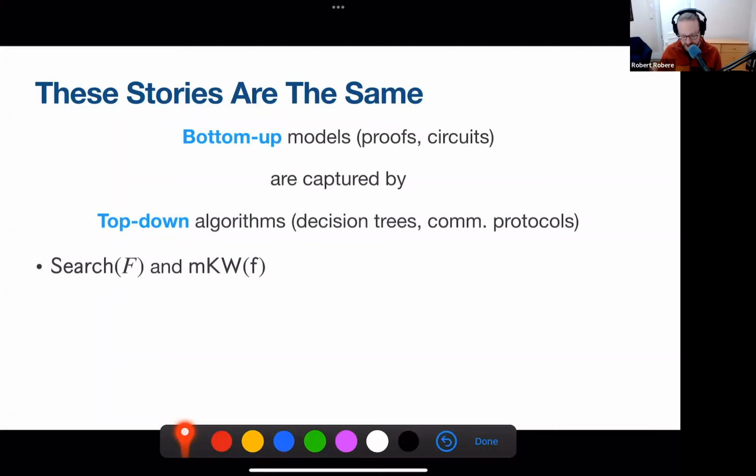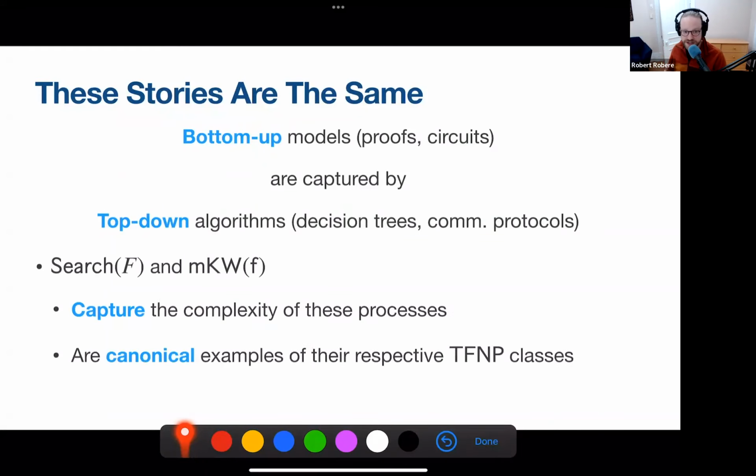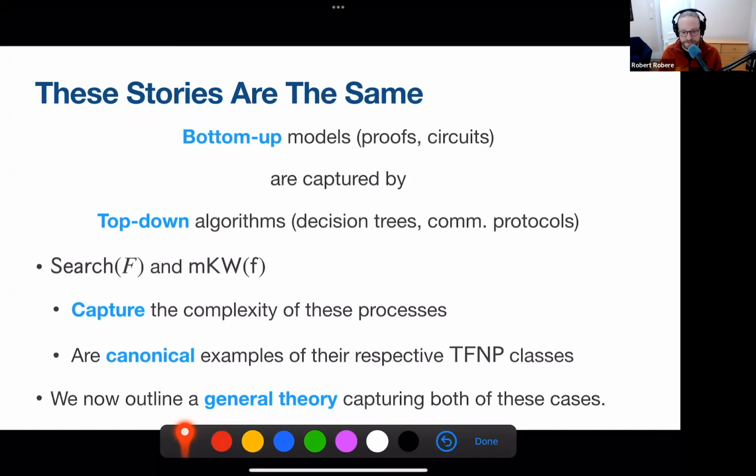And the main actors that get switched are the search problem in the proof setting versus the Karchmer-Wigderson game in the complexity setting. So these two search problems capture the complexity of these processes. They're canonical examples of the TFNP classes. And now we're going to try and generalize a little bit and tell you about a general theory that captures both of these things.